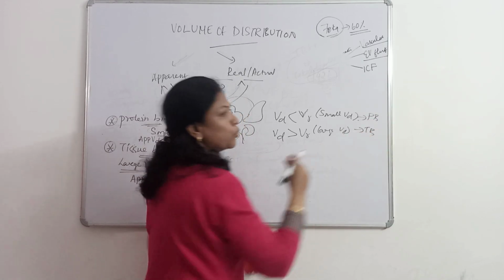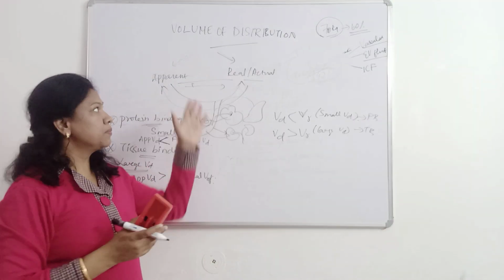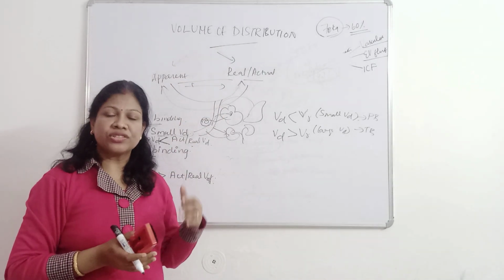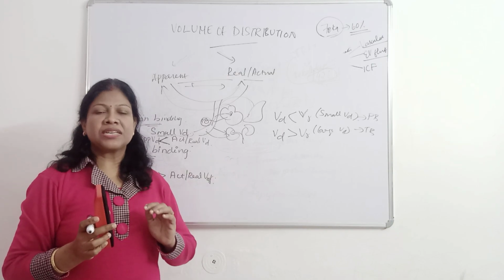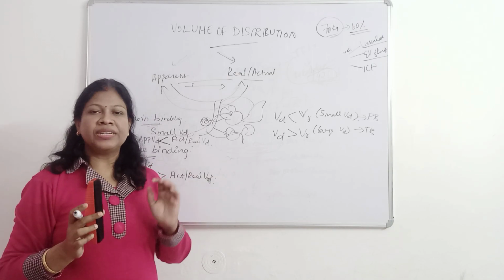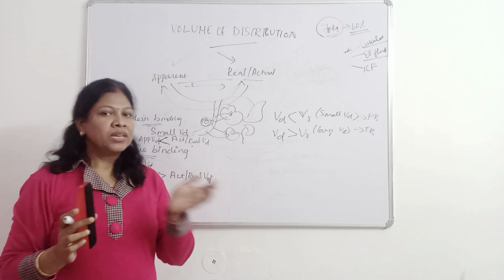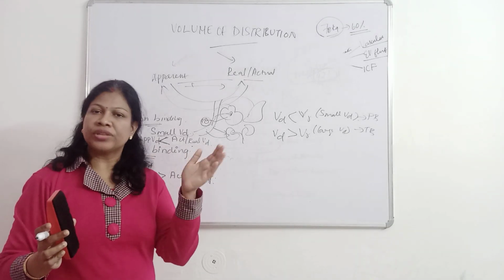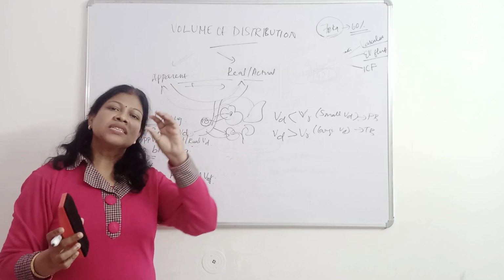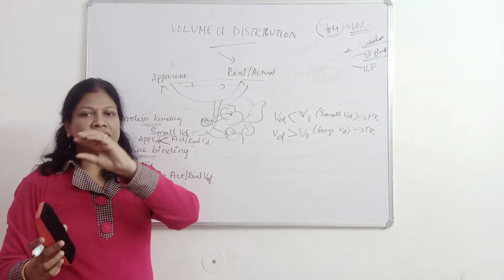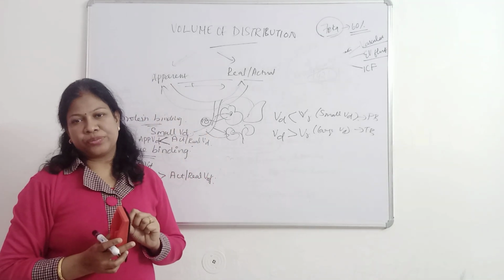So the relationship between this apparent and actual volume of distribution is because of the binding of drugs, either to plasma protein or to tissue. If the drug is plasma protein bound, it doesn't enter into tissues, so there is no distribution, so the VD will be small. That means apparent volume of distribution is less than actual volume of distribution.